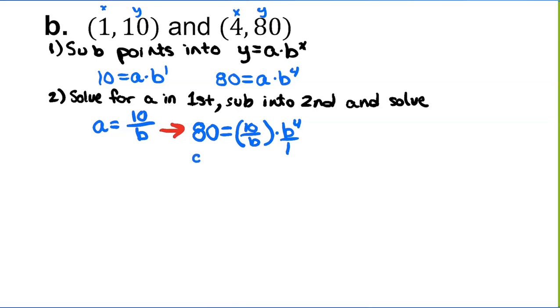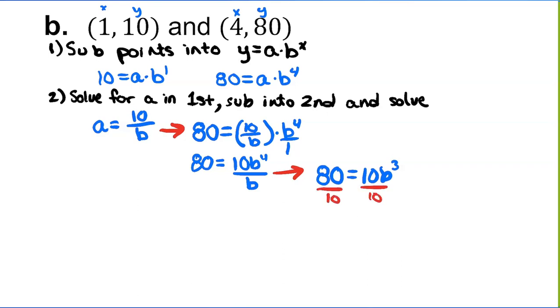So this is going to be 80 equals 10 b to the 4th over b, which just simplifies to be 80 equals 10 b to the 3rd. Divide both sides by 10: 8 equals b to the third.